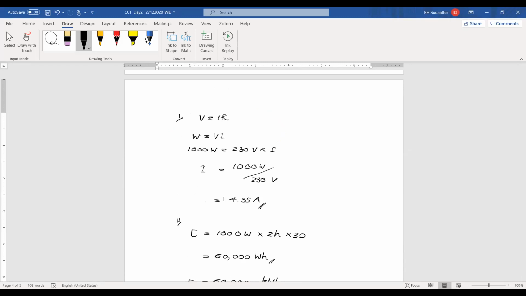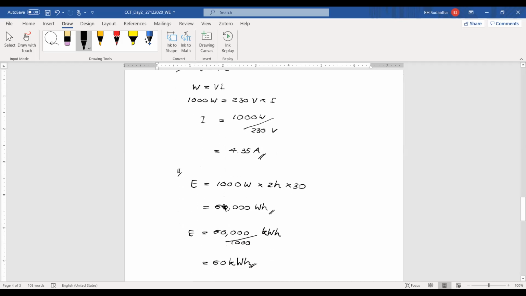With the equation W equals VI, and the different flavors of that one, you should be able to calculate the power. Then when power is involved, if we apply that much power for a certain period of time, energy is coming, and we should be able to calculate energy. Then after that, the unit conversion. The energy's original unit is joule, and we should be able to calculate it in watt hours or kilowatt hours. Those are the basics we have.